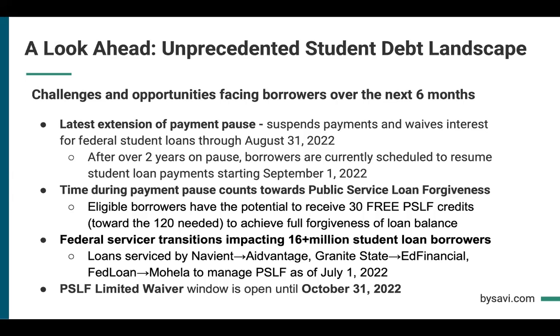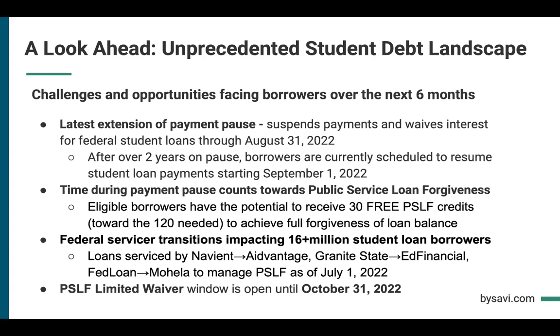So again, for those borrowers who are trying to pursue public service loan forgiveness, if you've been working in a full-time capacity during this time, all of those months of payment pause count towards the 120 total that you need. That's significant because it's going to put you about 1/5 of the way closer towards receiving full forgiveness on the remainder of your loan balance without having to have made a payment at all.